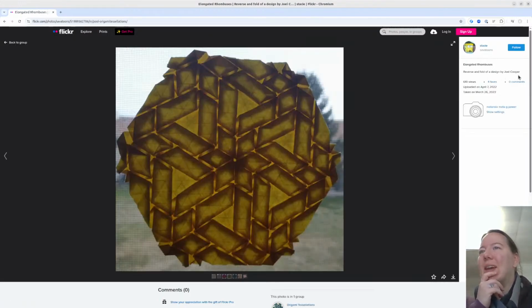Okay, so it's a design by Joel Cooper called Elongated Rhombuses. And what's going on here, and what happens in a lot of these flagstone patterns, is that the shapes that you see don't necessarily match the shape of the tile.